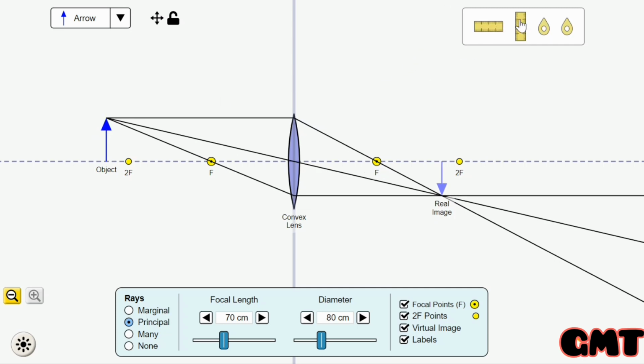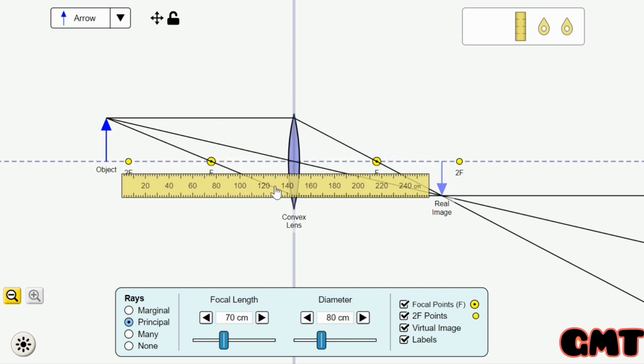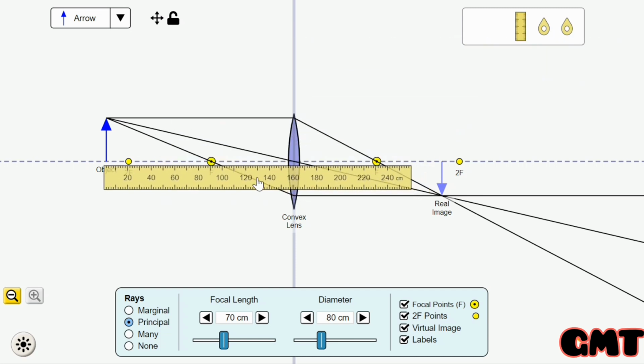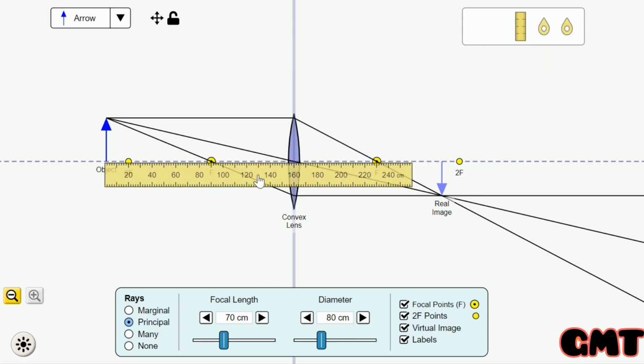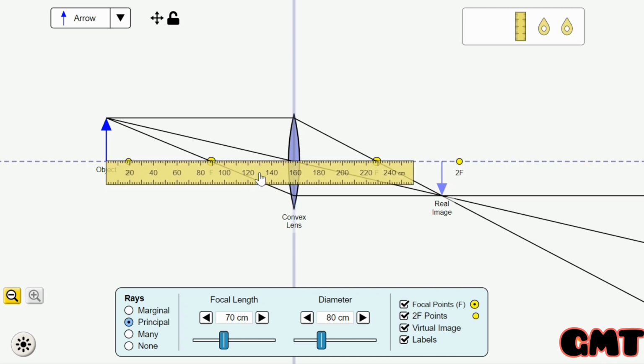Now, by using the meter rule, let's measure the object distance. The object distance is 160 centimeters. This is the object distance.